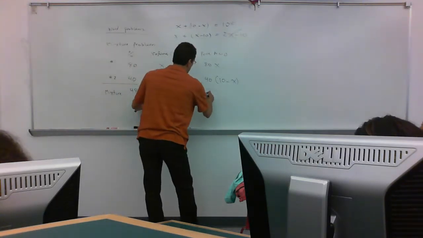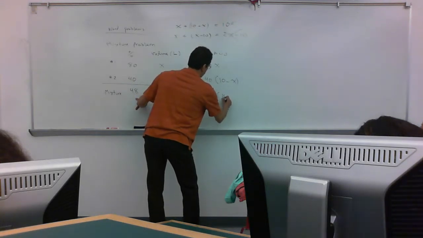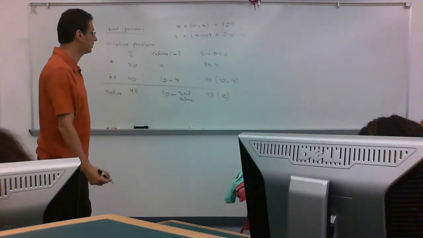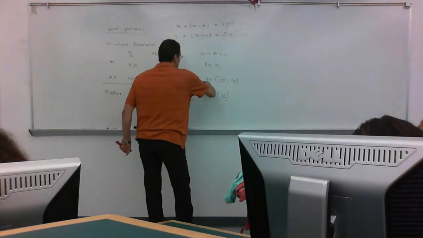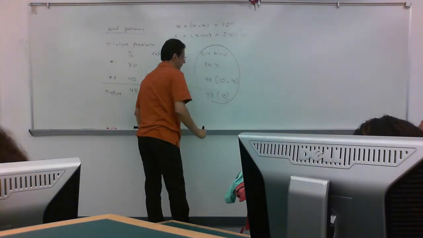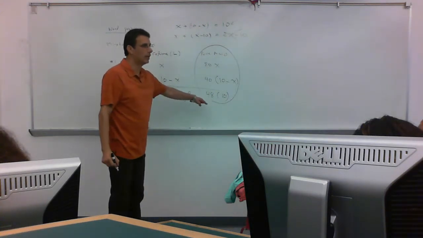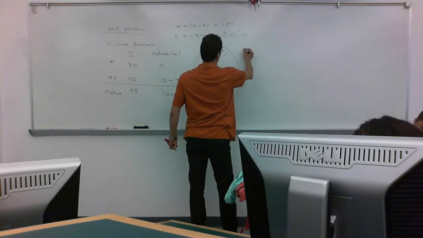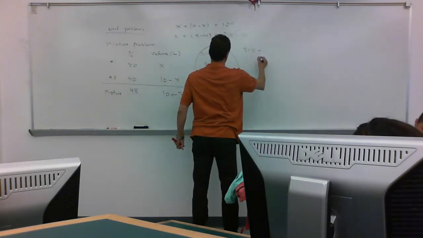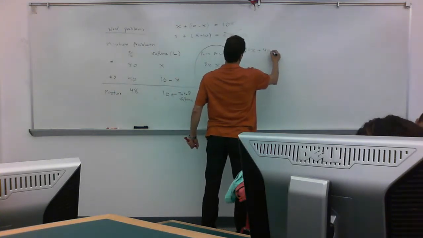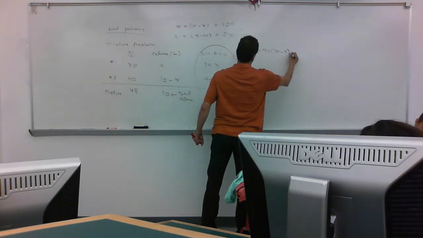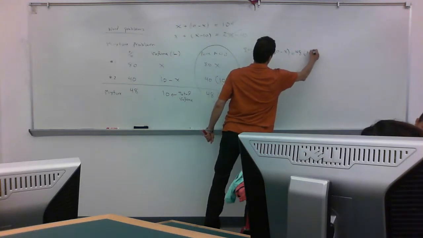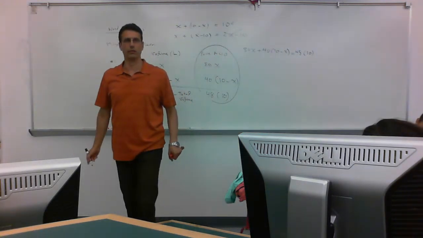It's 48 times 10, or you might say 0.48 times 10. And they add up to give us the total amount of pure acid. So 80x plus 40 times 10 minus x is equal to 48 times 10. Is that right, everybody?